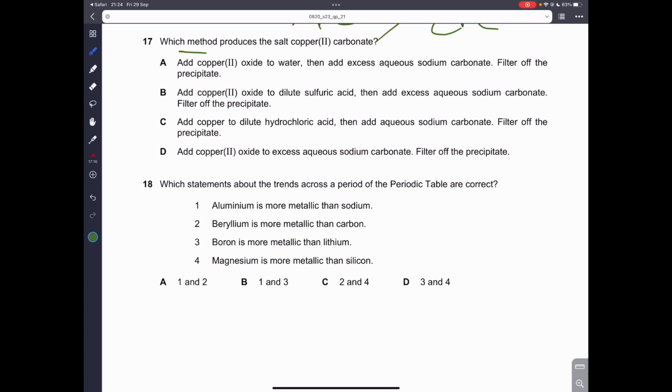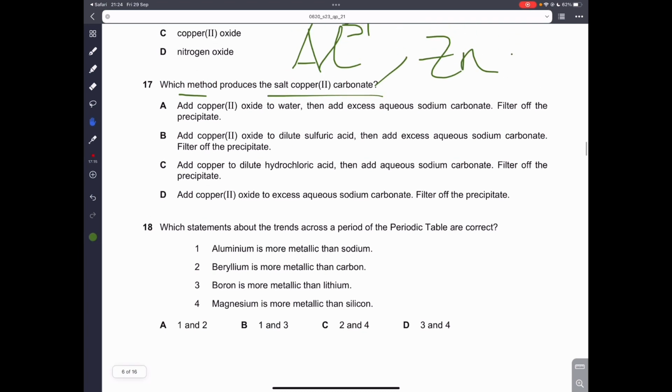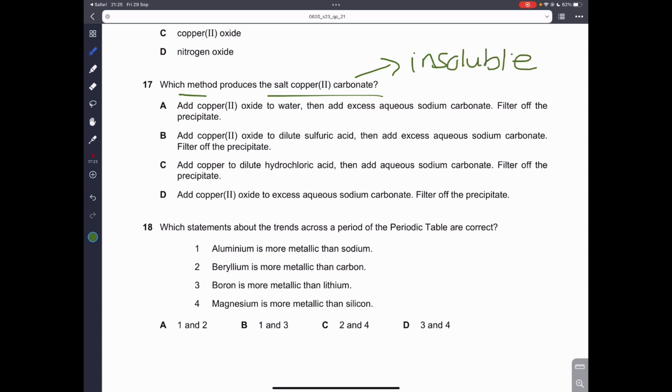Question 17. Which method produces the salt copper-2 carbonate? Copper-2 carbonate is insoluble. You have to know your solubility rules. It is insoluble in water or in acid. So how are we going to prepare this insoluble salt? To prepare an insoluble salt, we have to prepare it by precipitation.